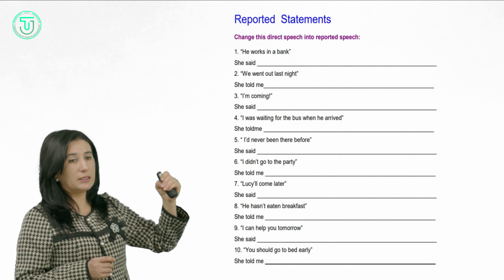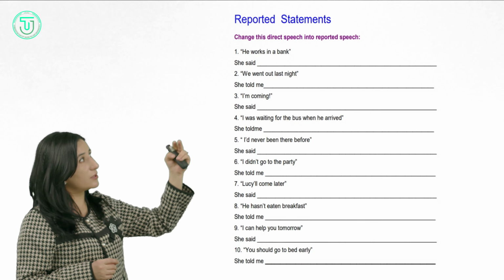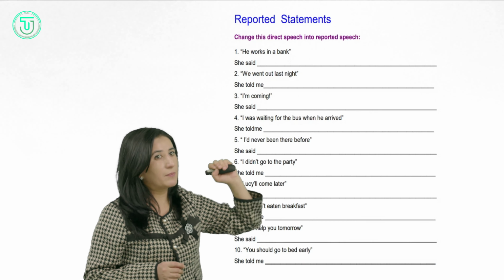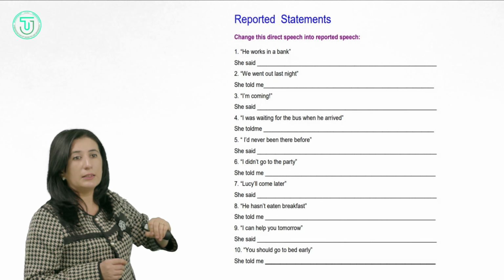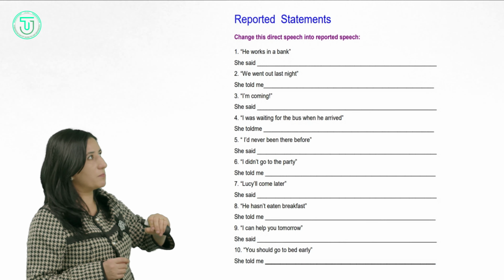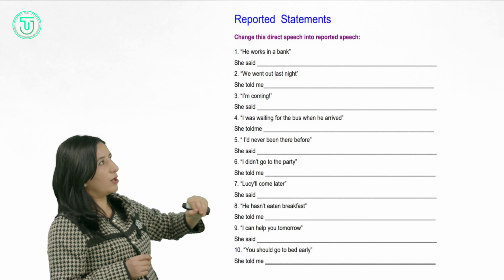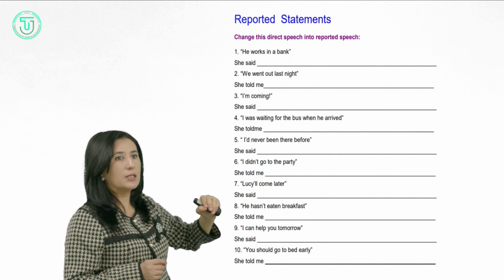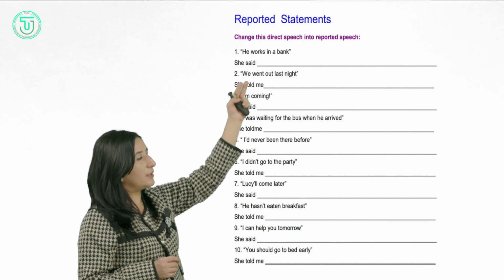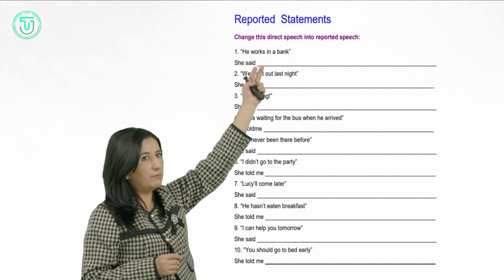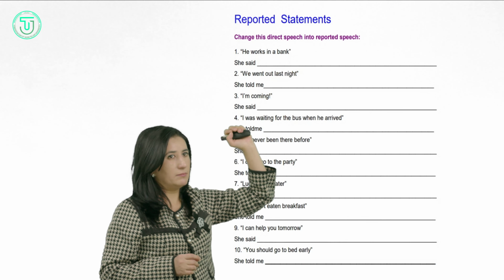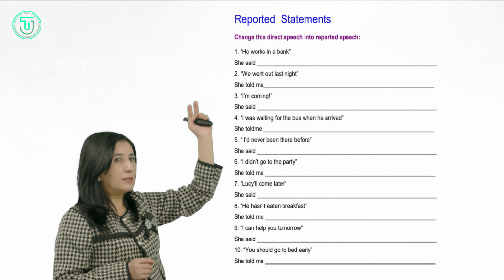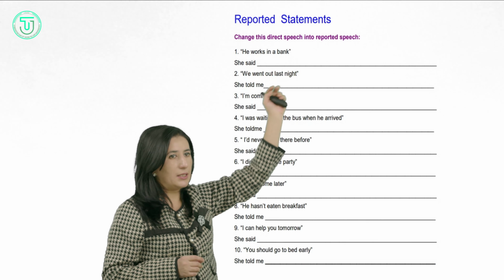Pay attention, it is direct speech because it is used with quotation marks. Now I will put it into indirect speech. As usual, I start with the reporting statement: she said, and the pronoun he worked, past tense, in a bank. She said he worked in a bank.